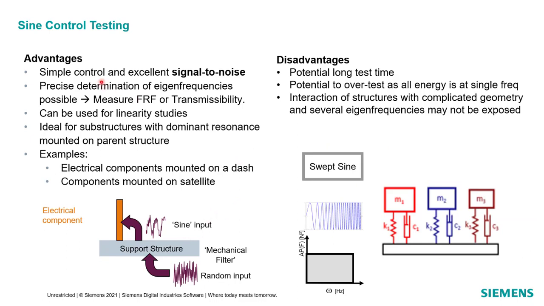Sine testing provides a good signal to noise, so you're exciting at particular frequencies, or multiple frequencies too. You're also getting some good signal back from those responses, way above the noise floor, so you get really good signal to noise. What that leads to is the measurement of, if you're measuring forces, transfer function or FRF.